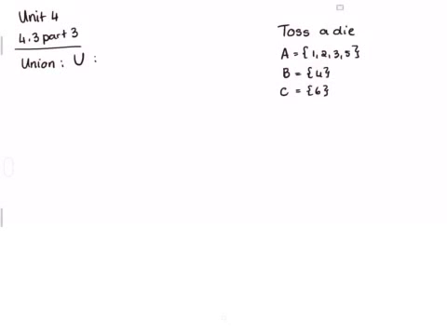And the union is the same as saying or, and we mean then, shall I say, both are acceptable. If the answer comes from one or from the other, then it's acceptable.